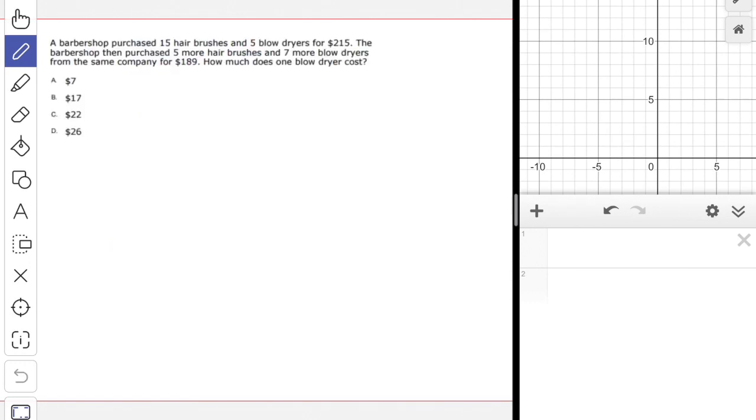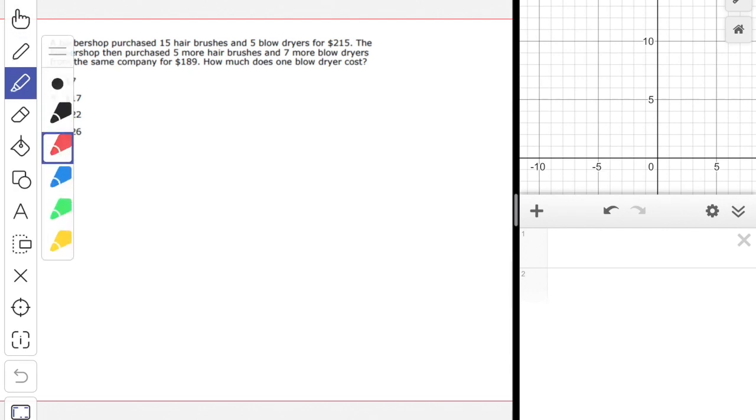All right, for this particular problem, it says a barbershop purchased 15 hairbrushes and 5 blow dryers for $215. The barbershop then purchased 5 more hairbrushes and 7 more blow dryers, and the company paid $189. How much does one blow dryer cost? So we're solving for a blow dryer.